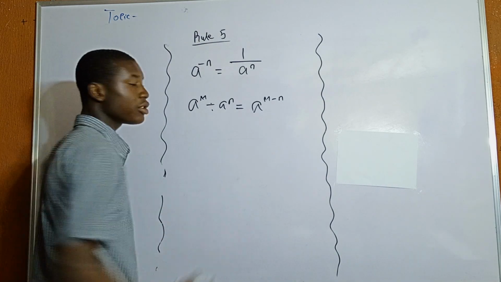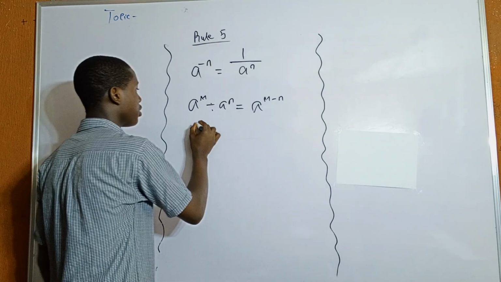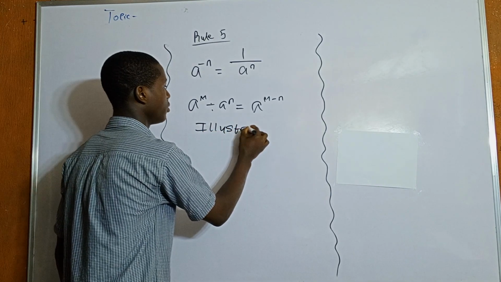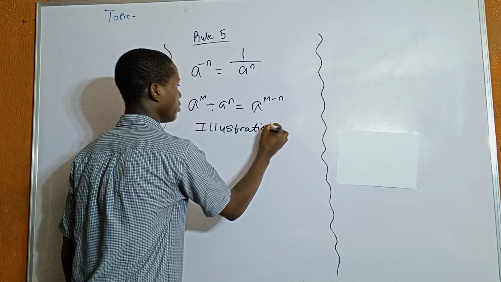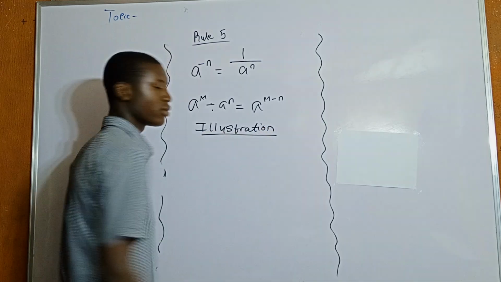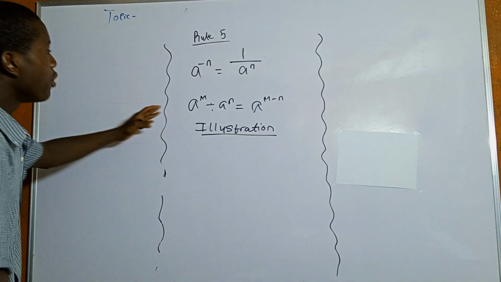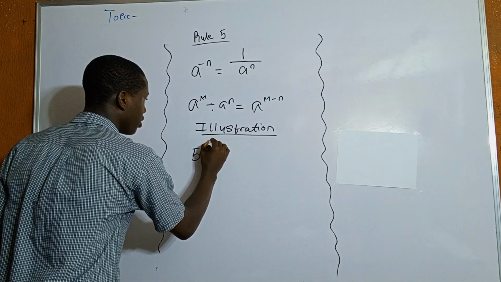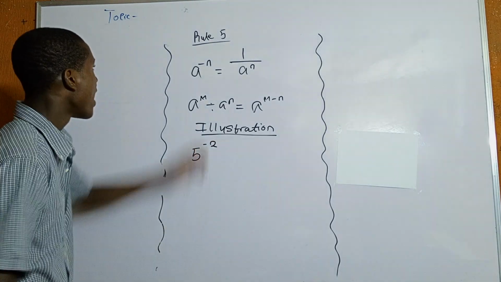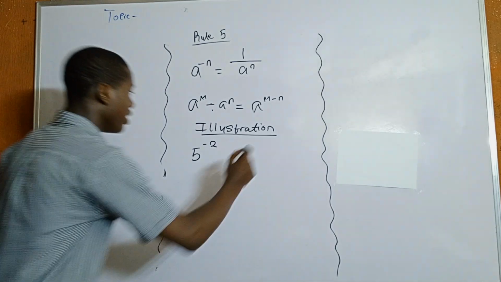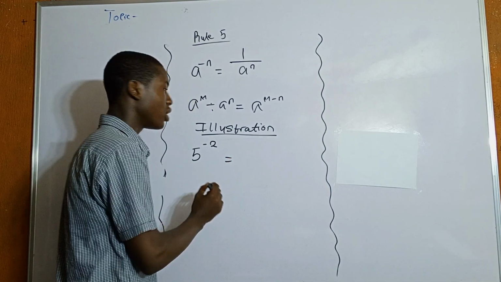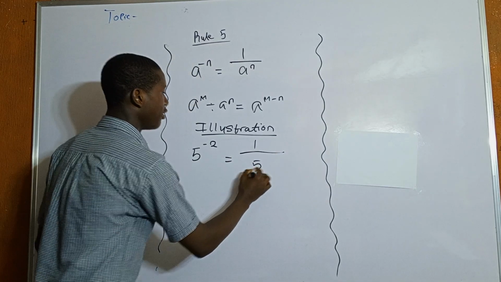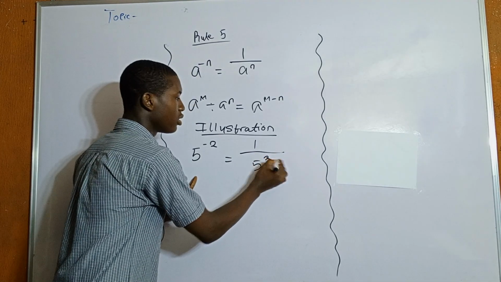So in order to understand this, let's do an illustration. If we are given 5 raised to the power minus 2, according to rule 5, we will have it equal to what? 1 over 5 raised to the power what? 2.